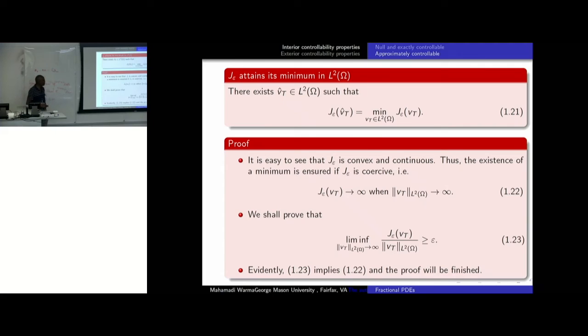What we will prove is that the liminf, when the norm of Vt goes to infinity, of the functional divided by the L2 norm is always greater than or equal to epsilon. If we can prove that, then of course that implies that we have coercivity. That's what we will prove.